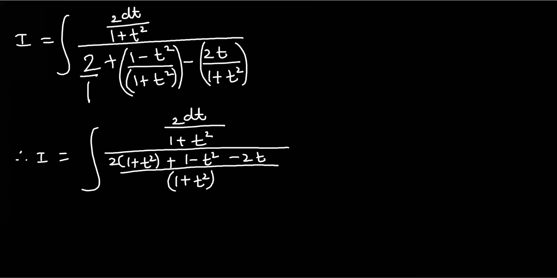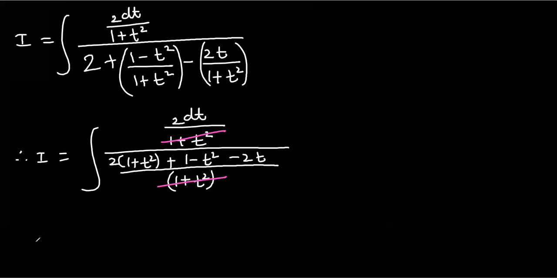The first term is 2 into 1 plus t square, and since the other two already have 1 plus t square in their denominator, the numerator is written as it is. Now these two cancel.